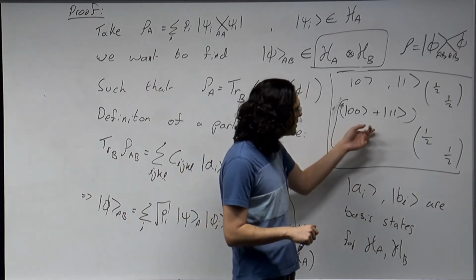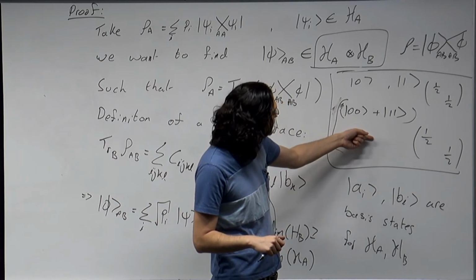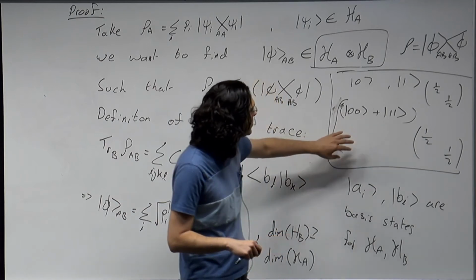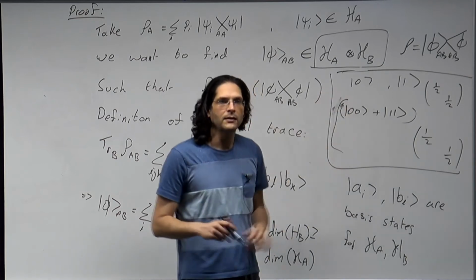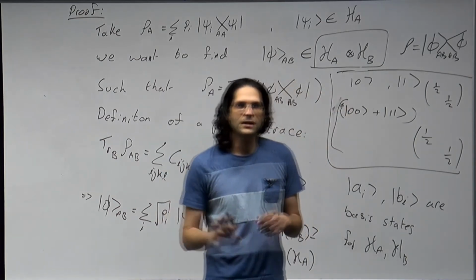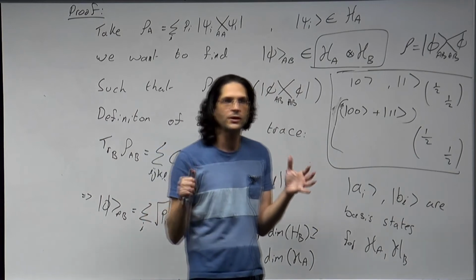And what I tried showing is the simplest, nicest example, the Bell state. Because if you think about a Bell state, this is a nice entangled state with the largest correlations you have.